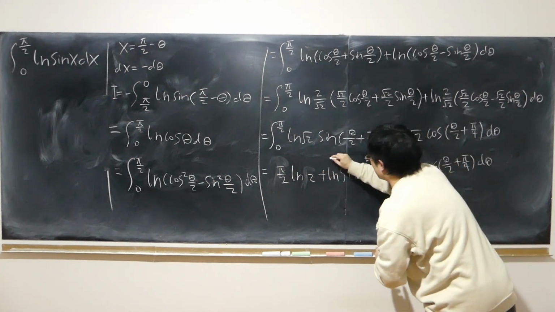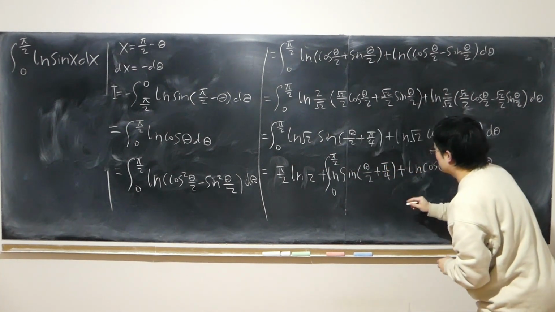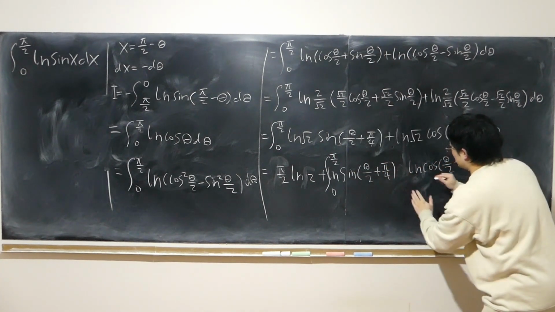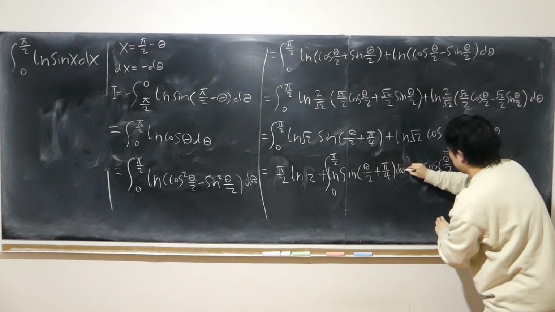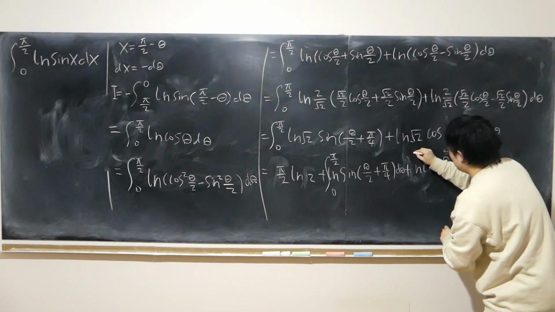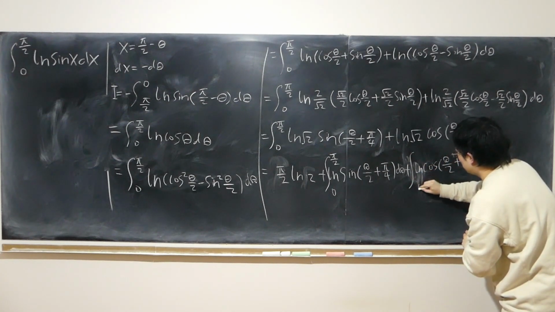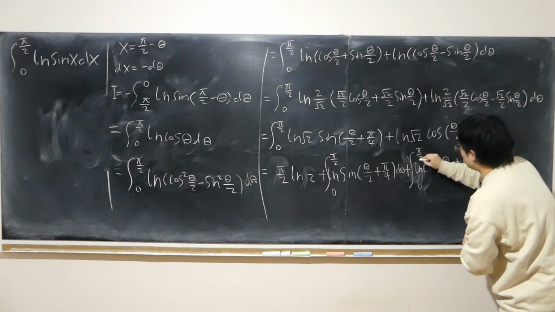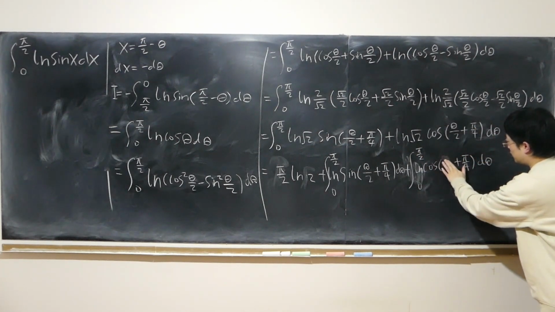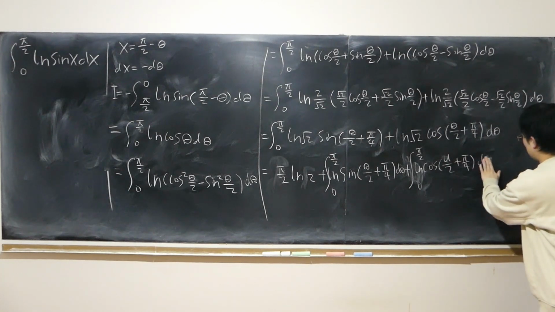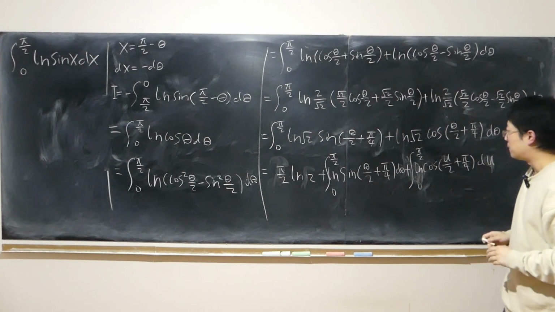This integral, okay, I'm going to split: 0 to half pi d theta plus log, 0 to half pi. This theta, I change this theta into u. Same thing, same integrand, right? Doesn't matter.